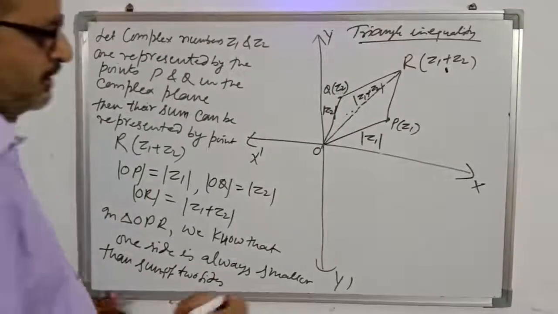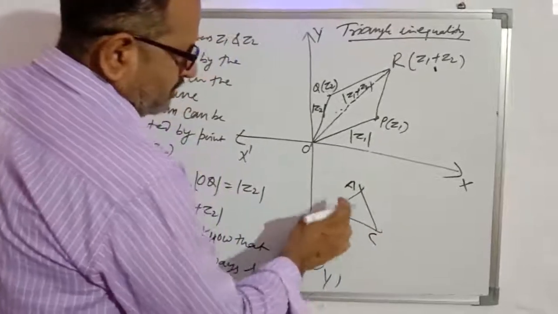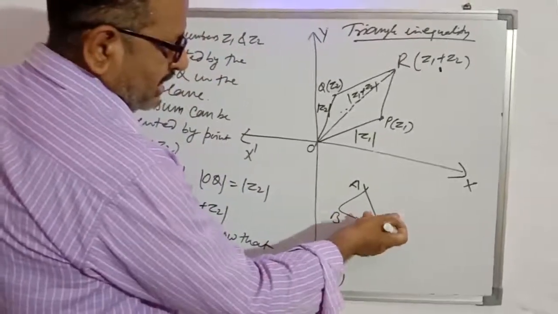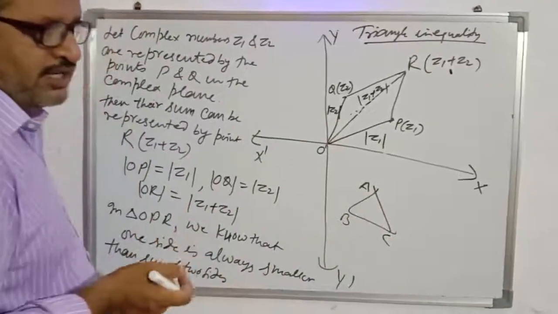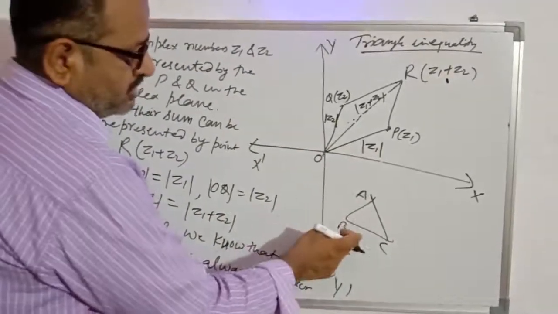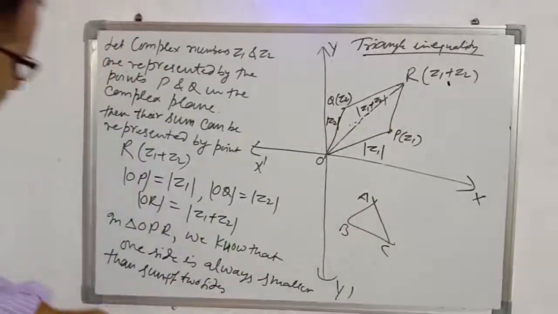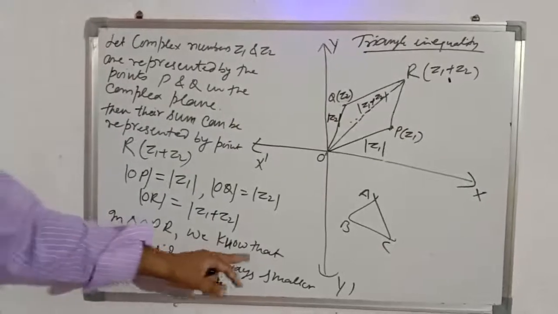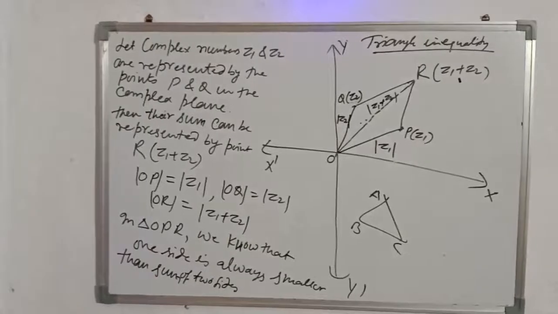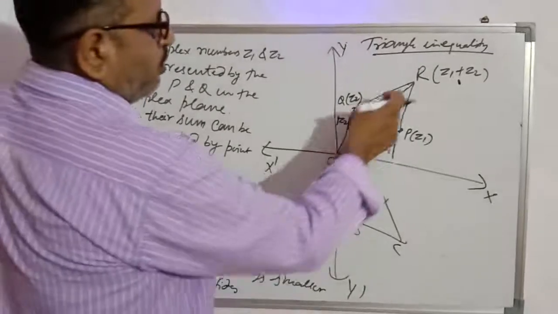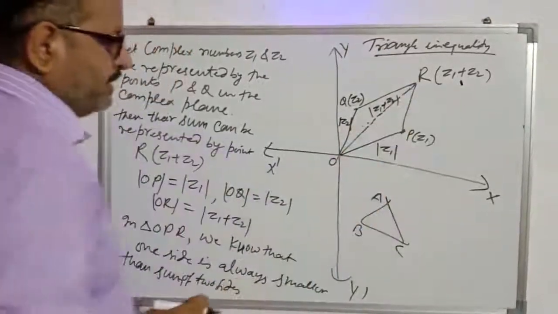In any triangle ABC, we know that the sum of two sides is always greater than the third side, or a single side is less than the sum of the two sides. That is called triangle inequality. So here in triangle OPR, one side is always smaller than the sum of the two sides. It means OR will be smaller than OP plus PR.